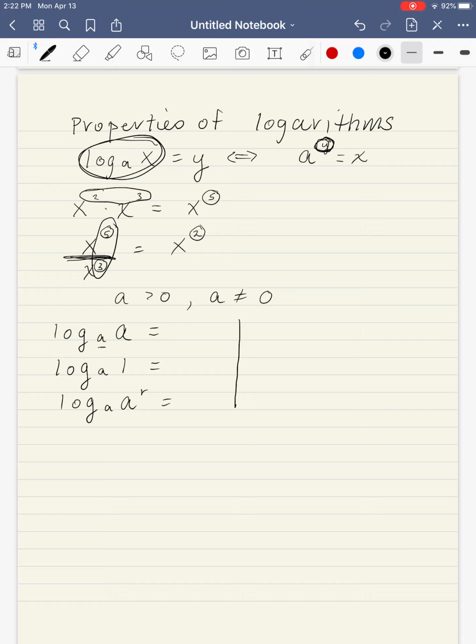For instance, I'll do the first one. A to what power equals a? A to the first power equals a, so this is equal to 1. You go ahead and do the next two. Pause the video, do the next two, and then turn the video back on.